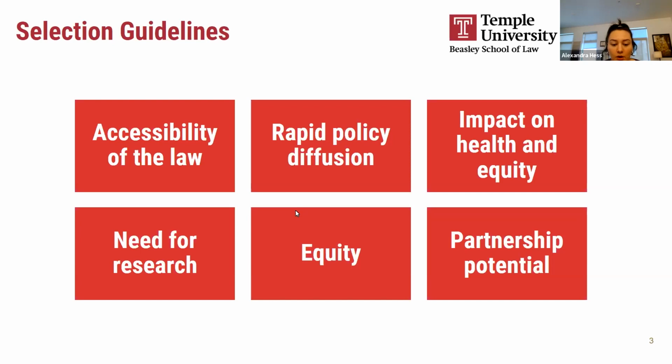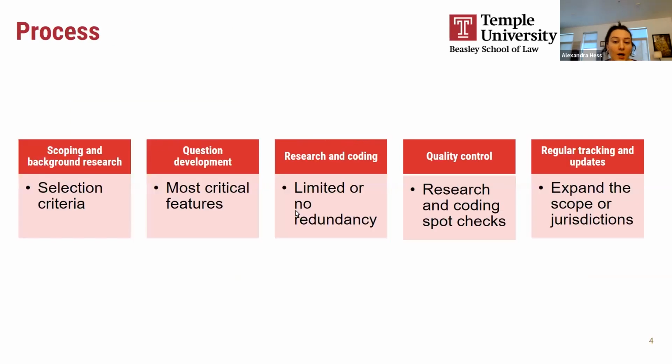But I did want to touch on the key differences between Sentinel surveillance and policy surveillance, and those largely being what the process looks like. The process is really similar when we compare it to policy surveillance. Generally, you start with scoping and background research, then go to developing your questions and answers.